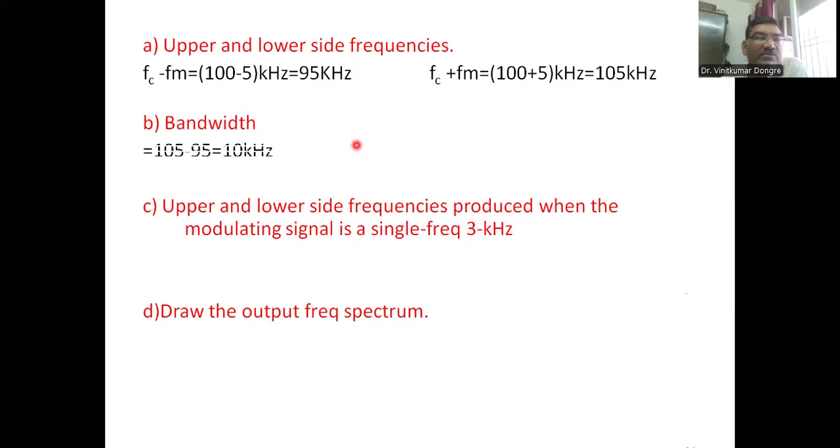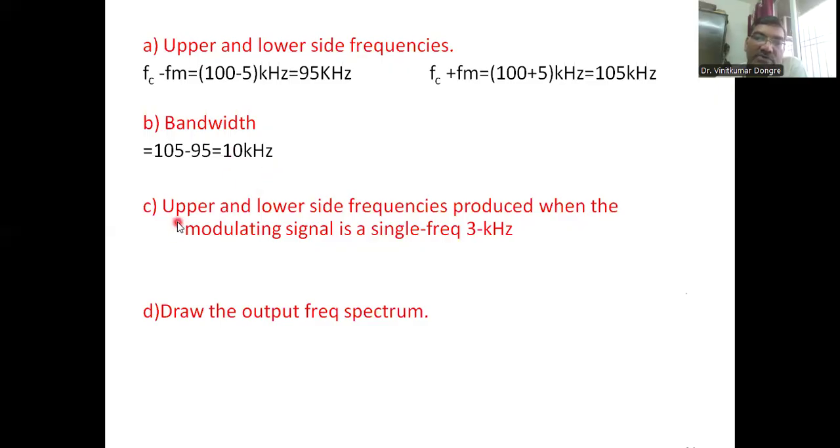Very simple. 105 minus 95. Why 105? Because this is the upper sideband, and 95 is the lower sideband. 105 minus 95 is 10k. So 10 kilohertz is your bandwidth for this particular calculation.